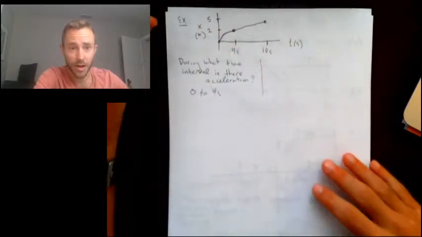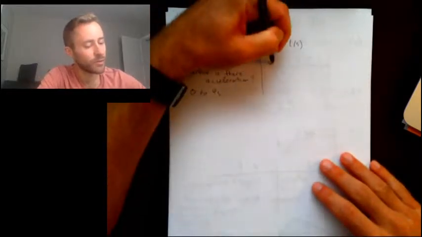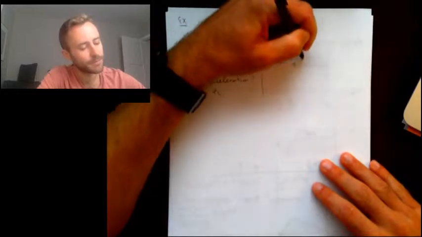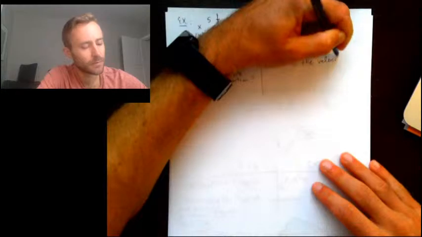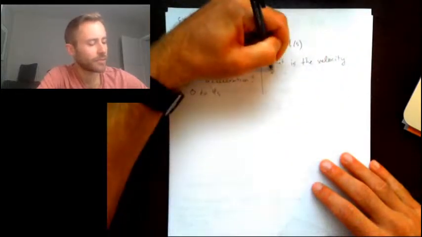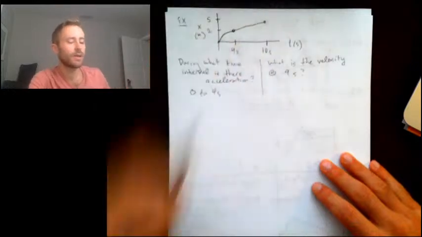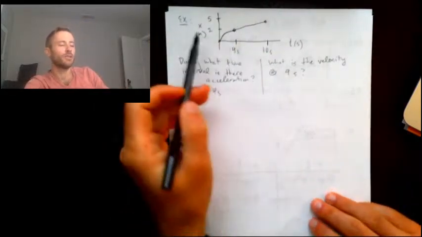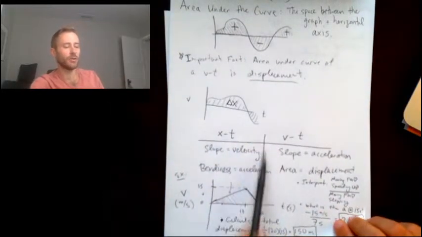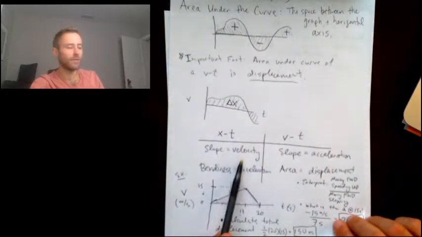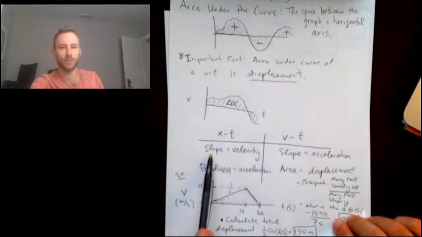The next part I might ask is something like, what is the velocity at, let's say, 9 seconds? Well, if I have a position time graph and I want velocity, going back to my table here, position time graph, velocity is the slope.